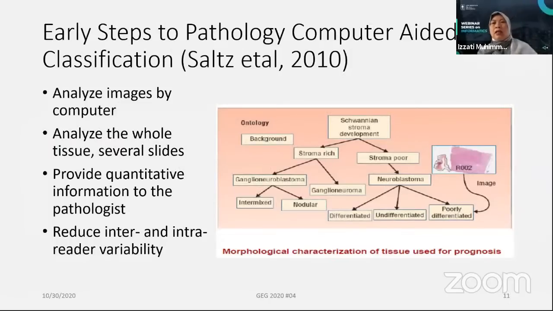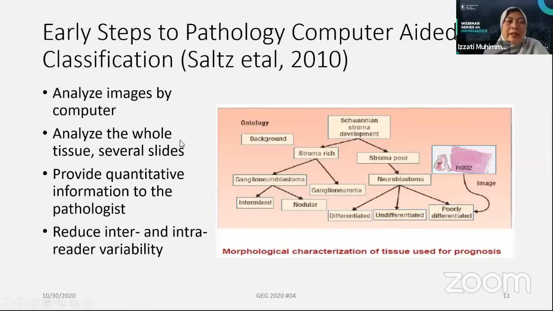And here is the history of the workflow. In the early step of pathology, computer-aided classification is where we analyze images by computer, analyze the whole tissue, several slides, provide quantitative information to the pathologist, and reduce intra- and inter-reader variability. Yeah, this is a common thing that happens when we do slide reading.